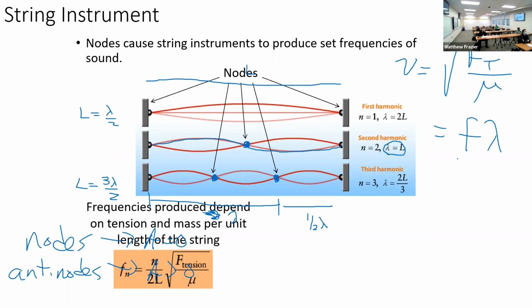And so, all right, we identify the nodes and we have a formula for what frequency will result in. Don't worry about writing this down at the moment. We're going to skip ahead. All right, the frequencies depend on the velocity in the string, which depends on the tension.